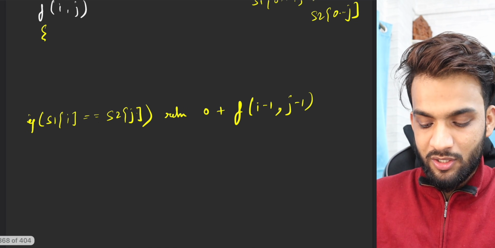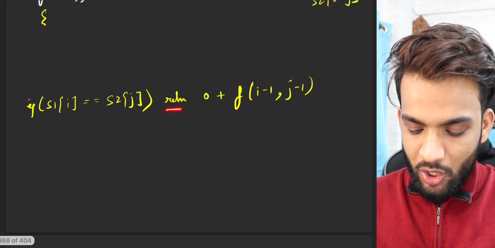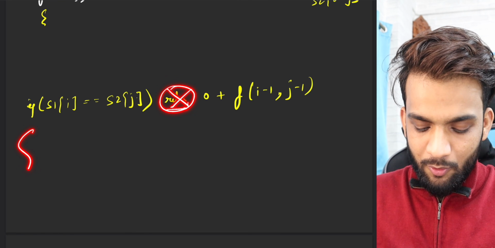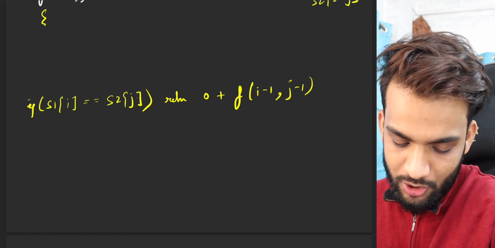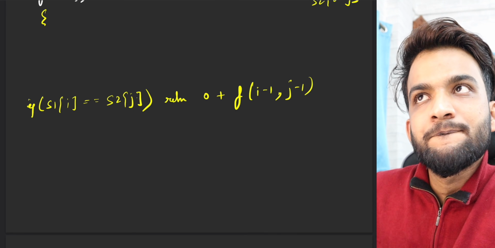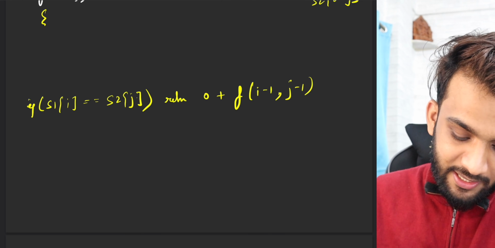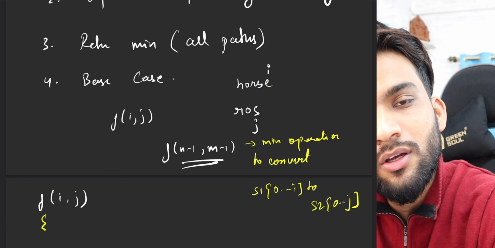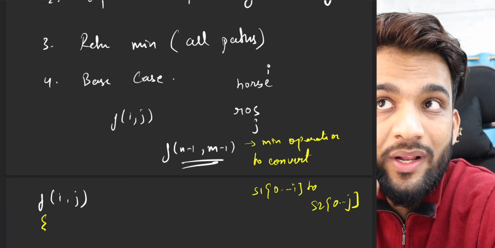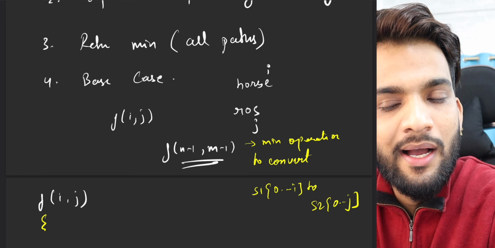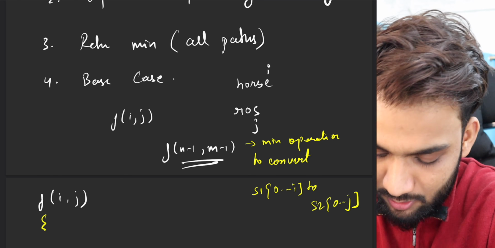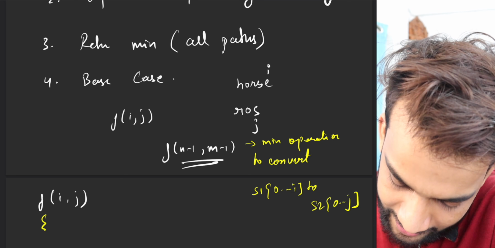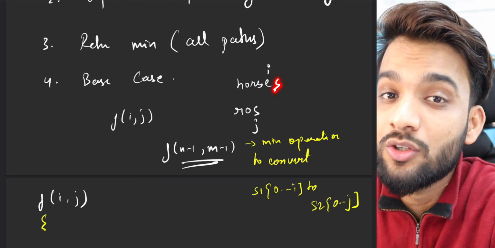What if they don't match? If this if is not executed, then it will come over here, which is the else condition. What then? Then I know one thing for sure. Let's come back. If this E is not matching with S, what is the first thing that I can do? Let's think. I can write an S, which is an insert operation.